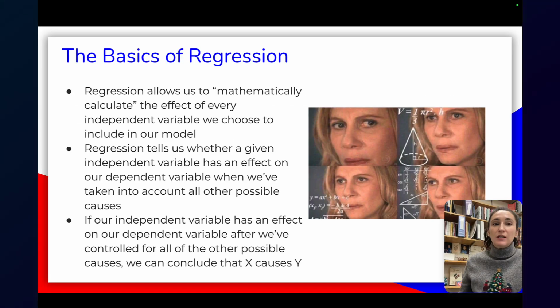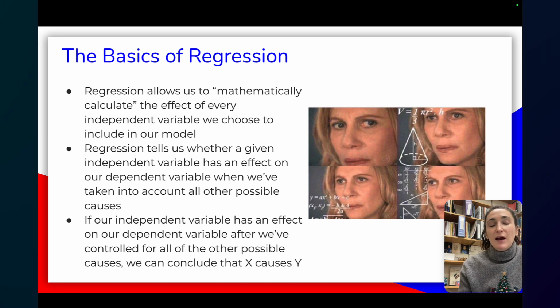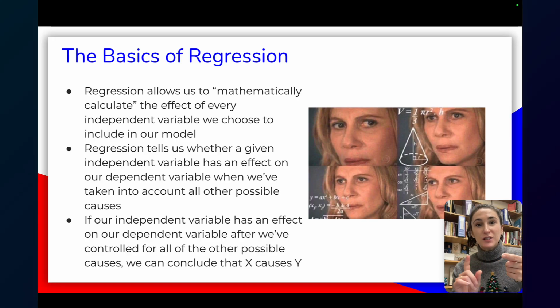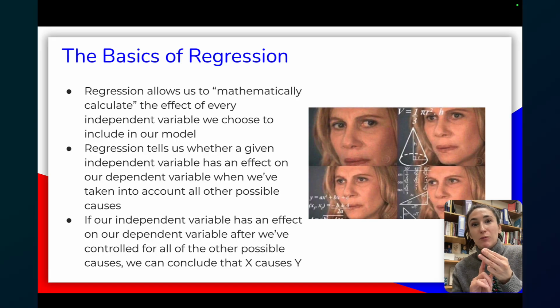A regression allows us to mathematically calculate the effect of every independent variable we choose to include in our model. So in our example of income in countries, it would look at whether the country is a democracy or not, access to natural resources, access to water and trade routes, whether they were a former colony, or whether they were the colonizer.